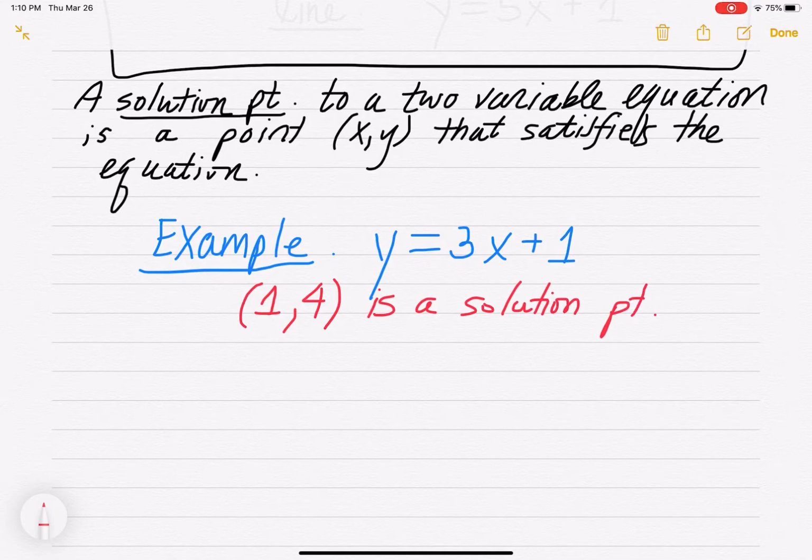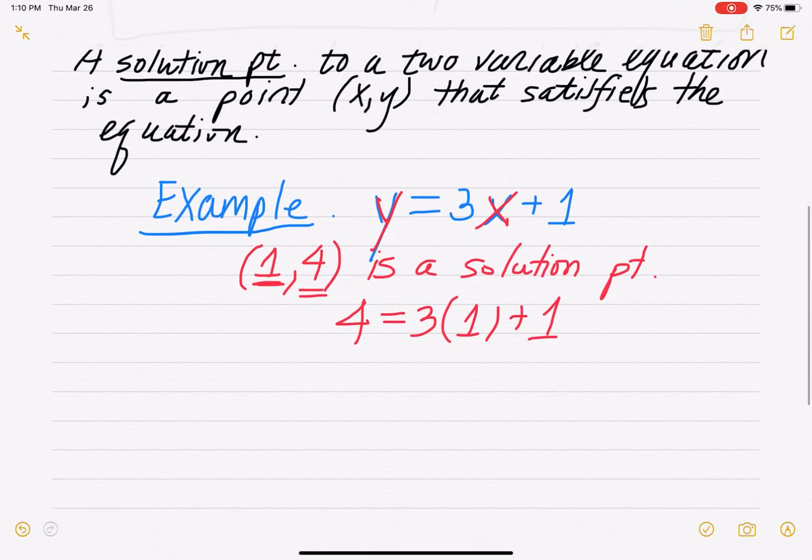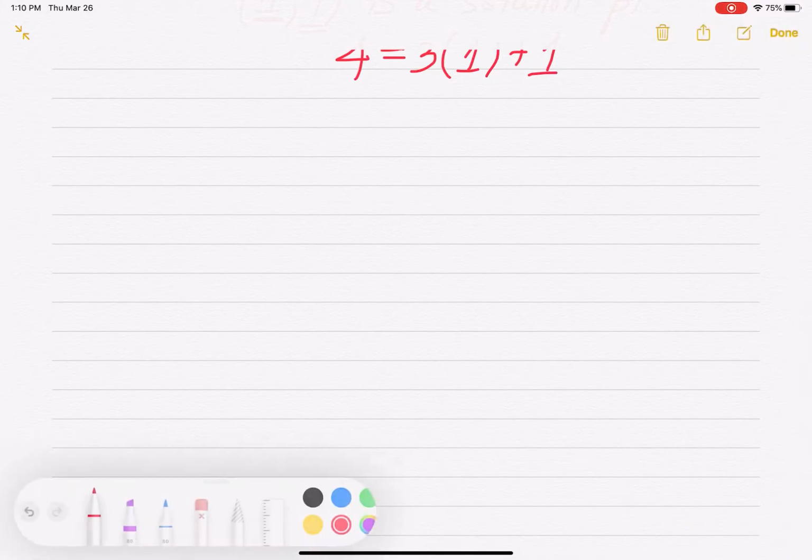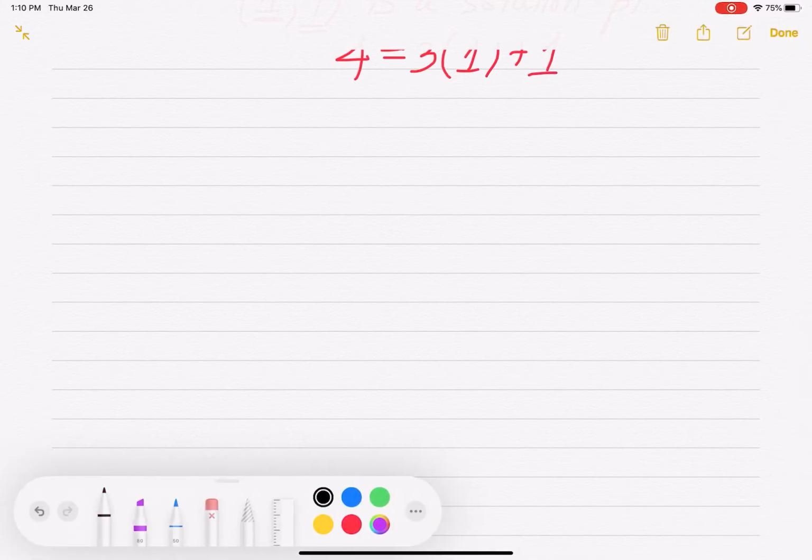Because when you plug in 1 for x, you get an output of 4 for y. Let's actually see that, right? We get 4 is equal to 3 times 1 plus 1. So that verifies that 1 comma 4 is a solution point to this two variable equation. Okay, so solution point is just an ordered pair x comma y that satisfies an equation.